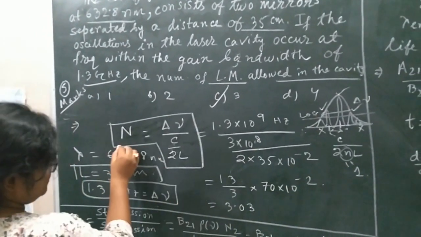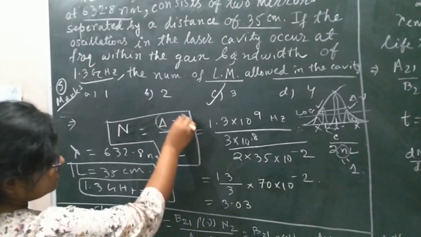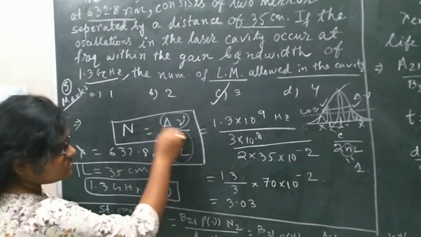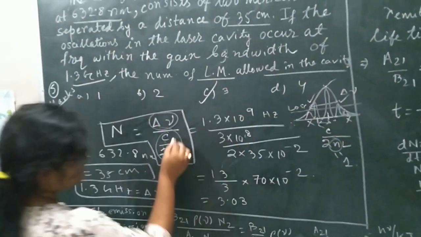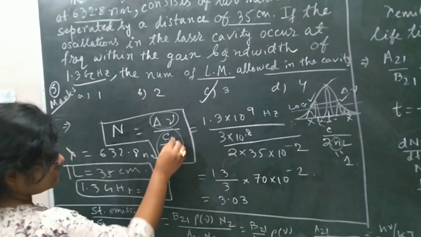So the number of modes is the bandwidth of the gain curve divided by the spacing between the two modes, that is C by 2N.